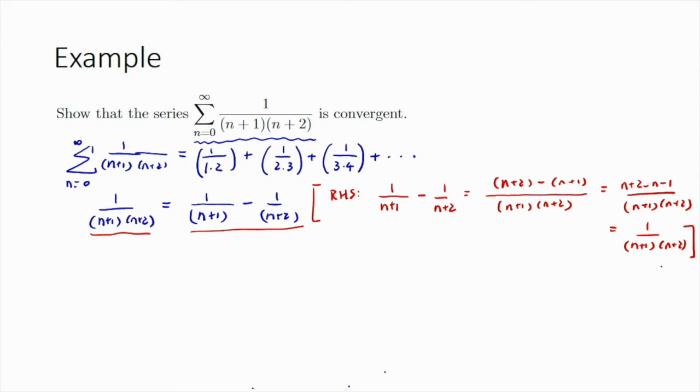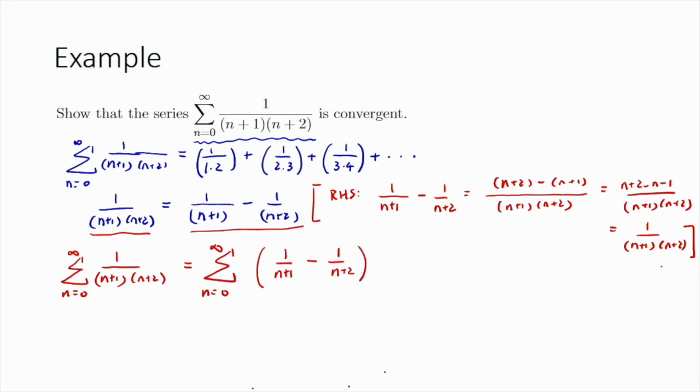Right, we're going to make use of this relationship to rewrite the series in the following way. So sigma n from 0 to infinity of 1 over n plus 1 times n plus 2 can be alternatively written as sigma from n equals 0 to infinity of 1 over n plus 1 take away 1 over n plus 2.